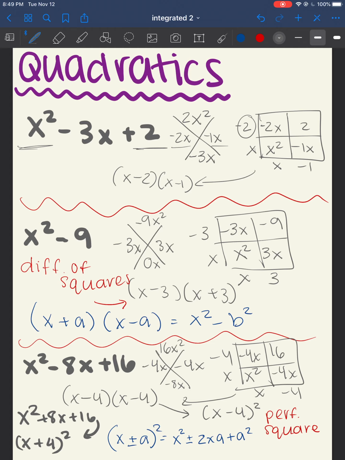Basically, the perfect square formula is you take your first number and that's squared, and then you multiply the first and second number by 2. This might seem kind of arbitrary, like where did that even come from?